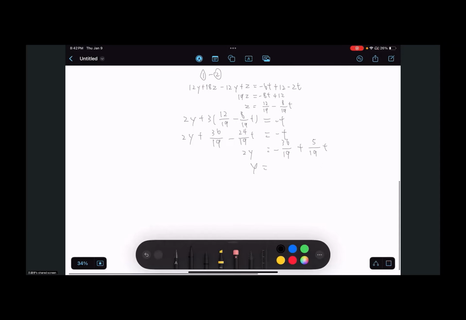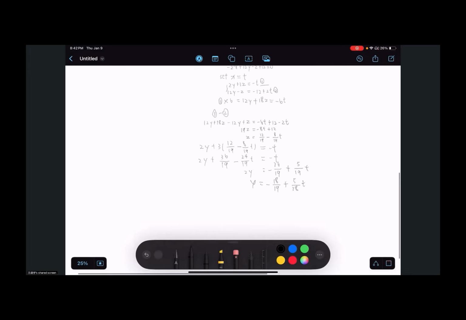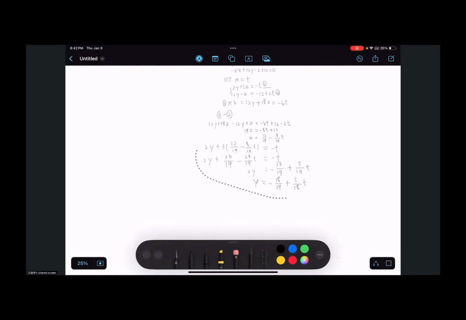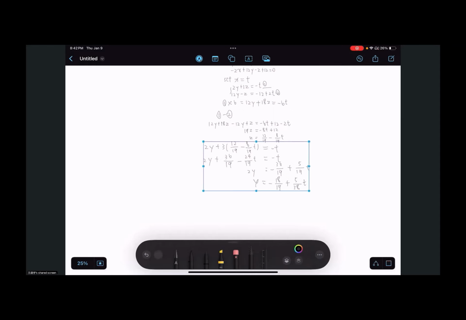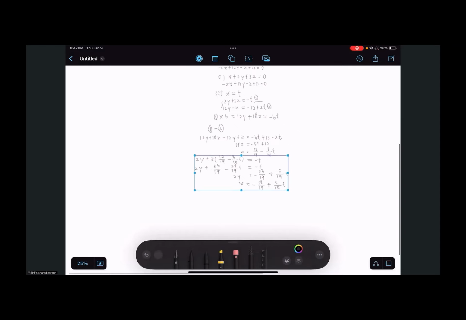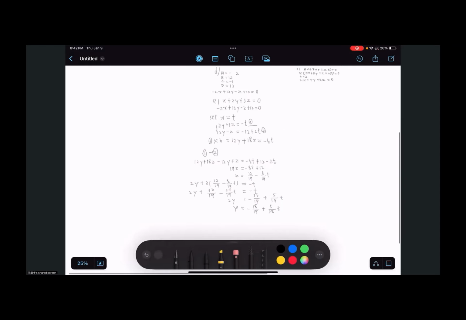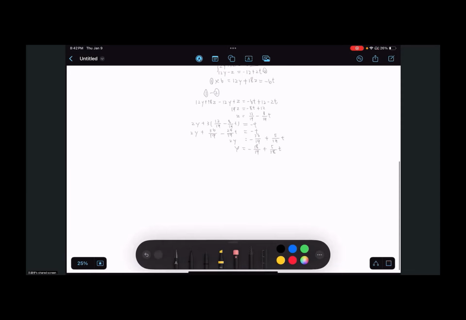So y equals negative 18 over 19 plus 5 over 38t. So that we got x, y, and z. So let's use parametric equation for that.